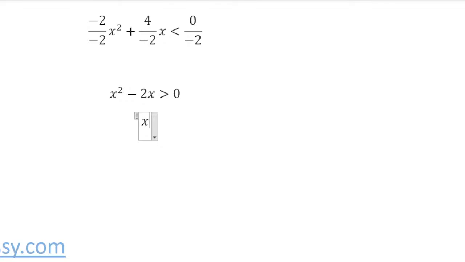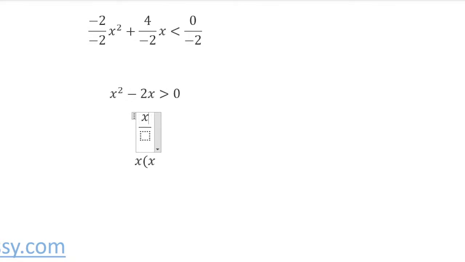So take out x, then we're going to be left with x. Let me explain something so that you can understand. Here we say x squared divided by x, then the answer is x, right?